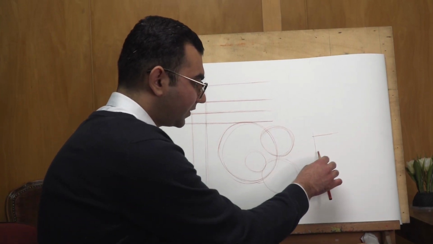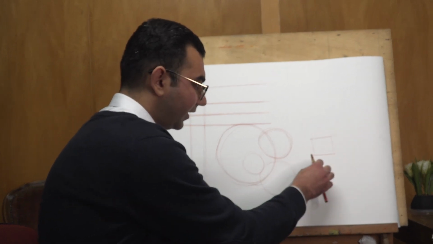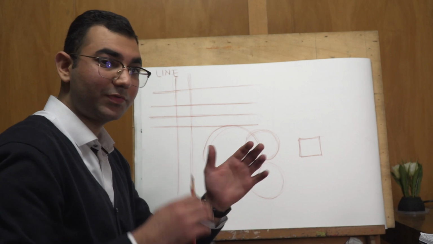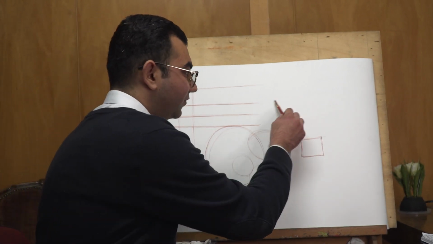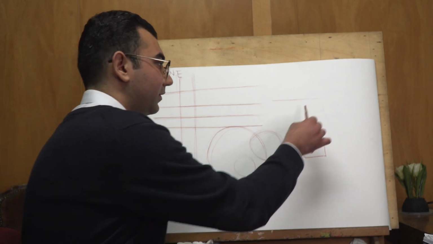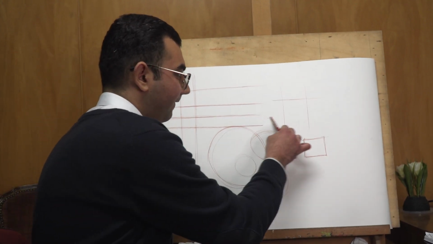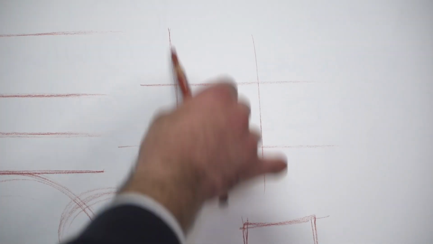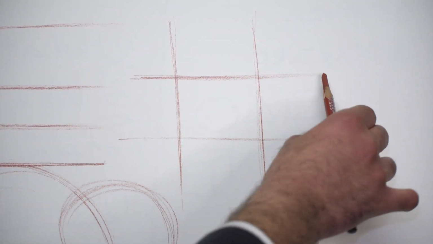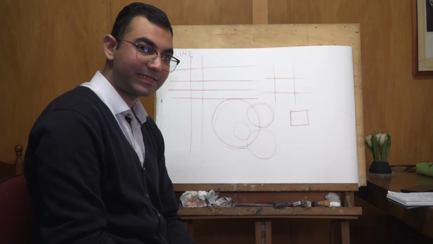And then the other thing: if you want to draw a square, don't draw it like this, okay? Your lines should cross each other. And you have to draw longer lines than what you really want to draw. Like this. And now we are going to do the triangle in the same way.